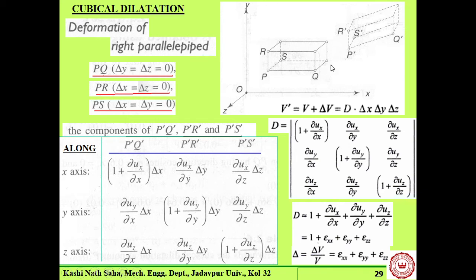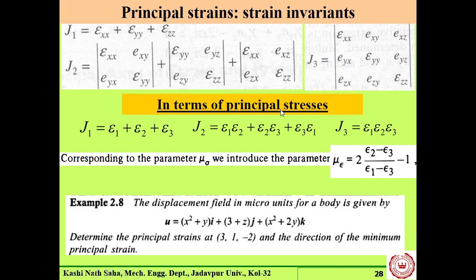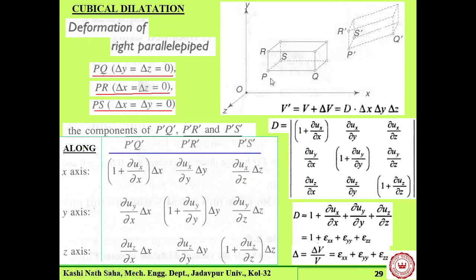Say we have a body, and at this point P, (3, 1, -2), we have a strain tensor. Corresponding to that, if we consider three lines PQ, PR, PS, which are mutually perpendicular, and say they are oriented along principal directions, in that case what will happen?